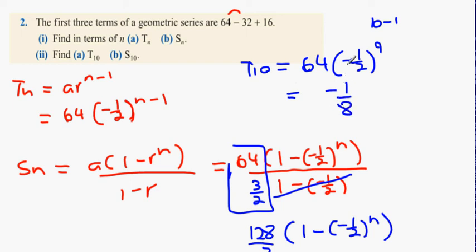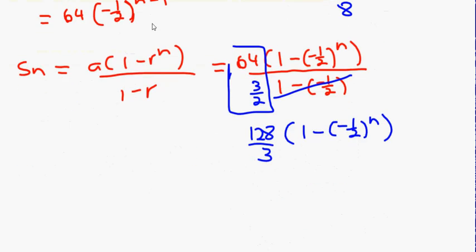Now that we know that's minus 1/8, find S10. So S10 is the sum of the first 10 terms of the series, T1, T2, T3, all the way up to T10. We can see that the numbers are getting smaller each time. So this time we use the formula Sn and we replace n with 10.